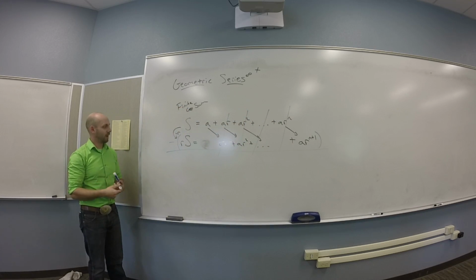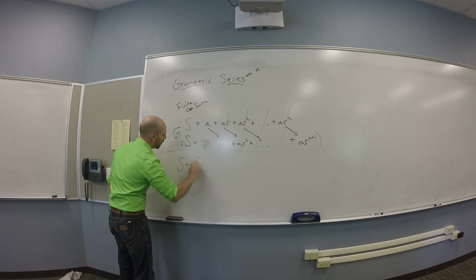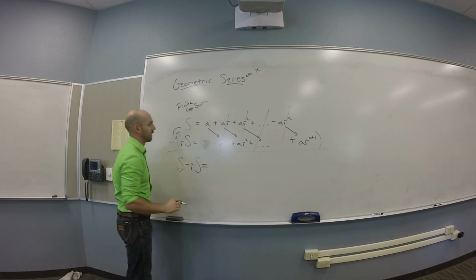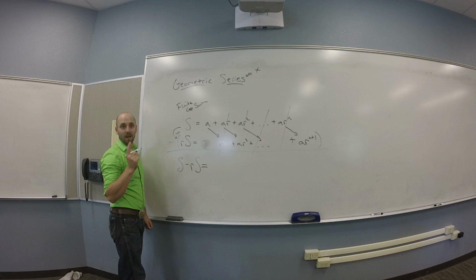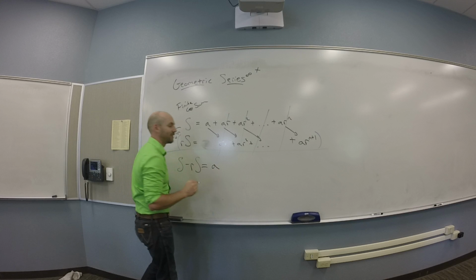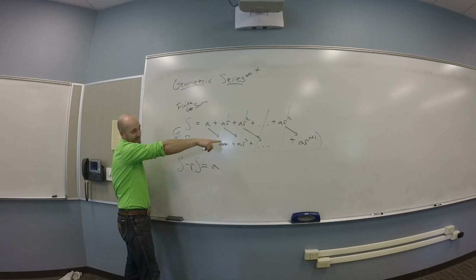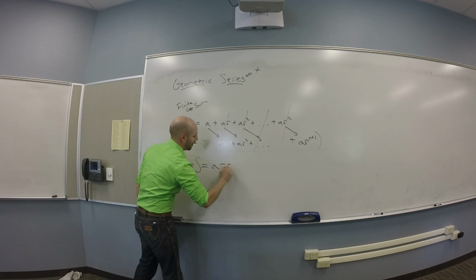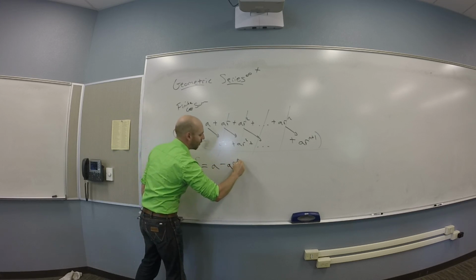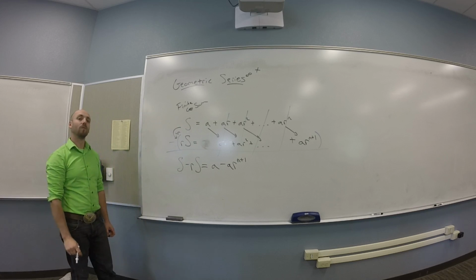So in the end, I get S minus rS is A minus A times R to the N plus 1. Why minus? Because I was subtracting all that stuff.